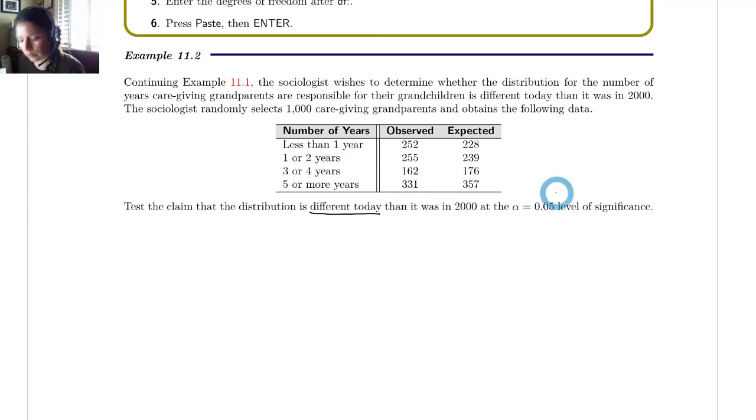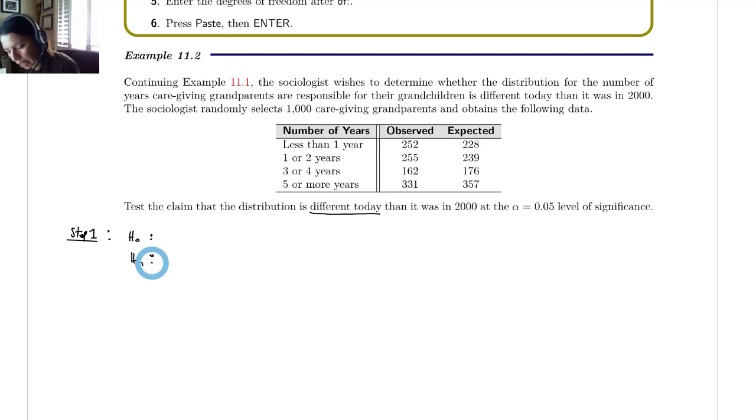The first thing we want to do is set up the hypothesis. In this case, there's no parameter, since it's not quantitative data, so we have to use a complete sentence. Essentially, the null hypothesis is the status quo, nothing's changed. So we'll say the distribution from the census in the year 2000 was a good fit, so it's not different today.